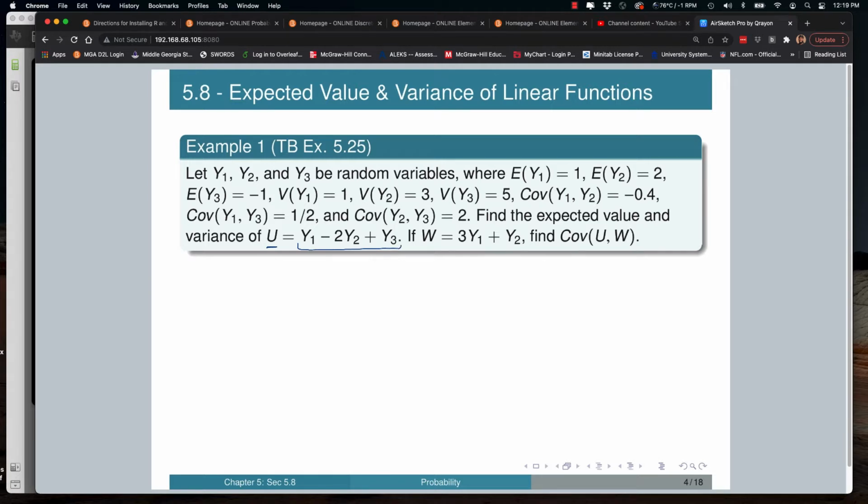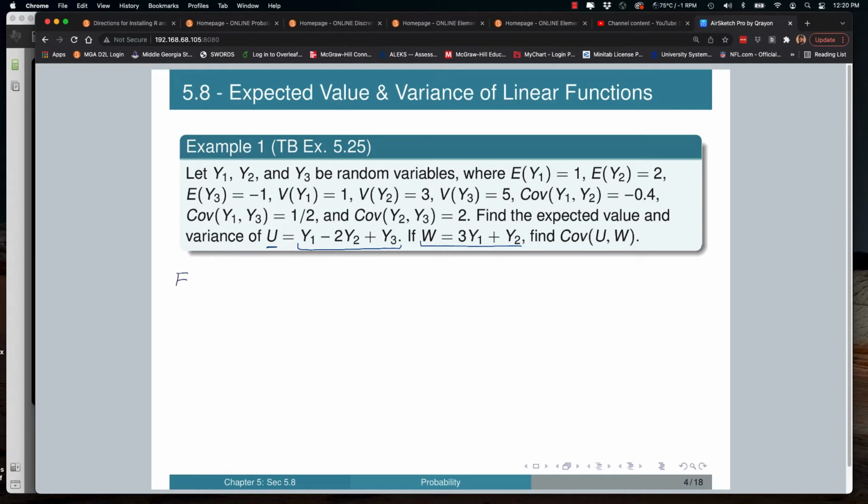And then they've given us another one, and we'll do this on another slide in a minute, a function called w, which is just a linear function of 3y sub 1 plus y sub 2, and they want us to use that along with the u linear function they gave us to find the covariance of u and w. All right, so we're going to find the expected value of u first.